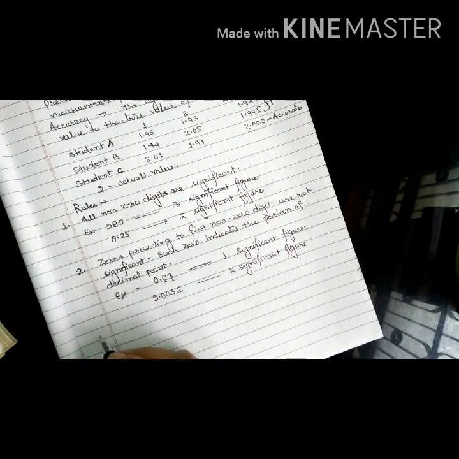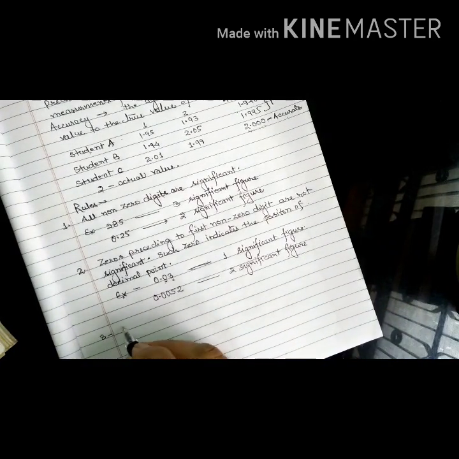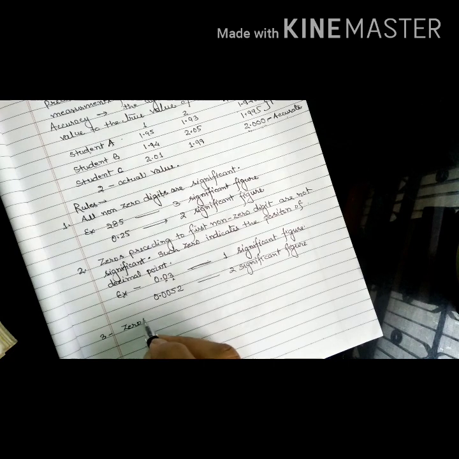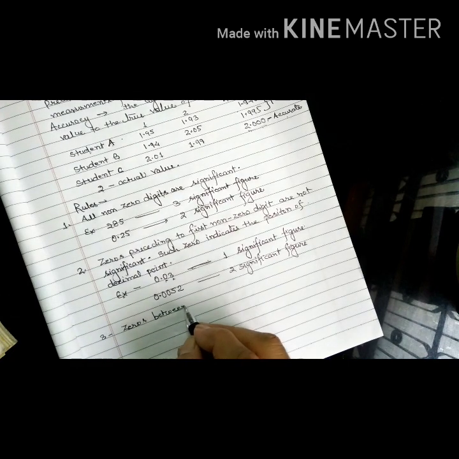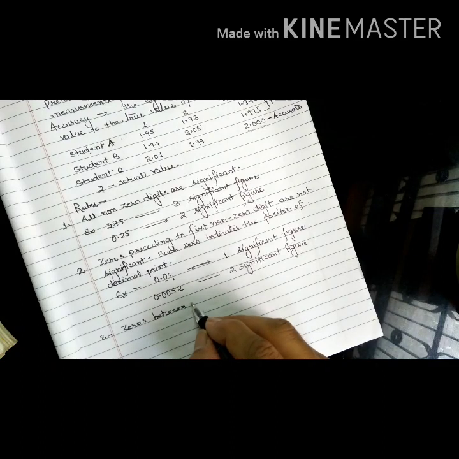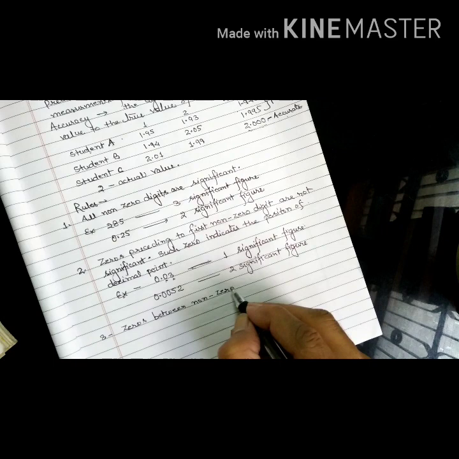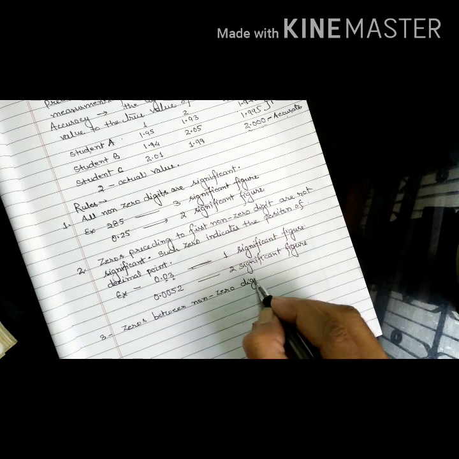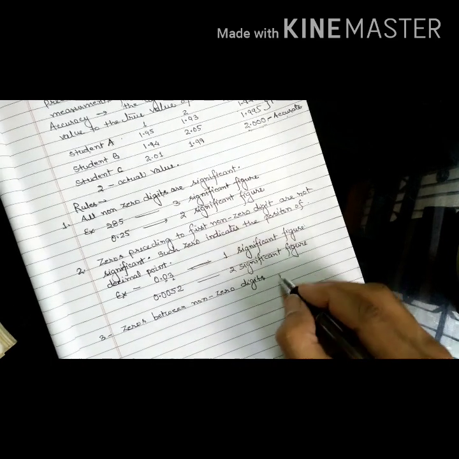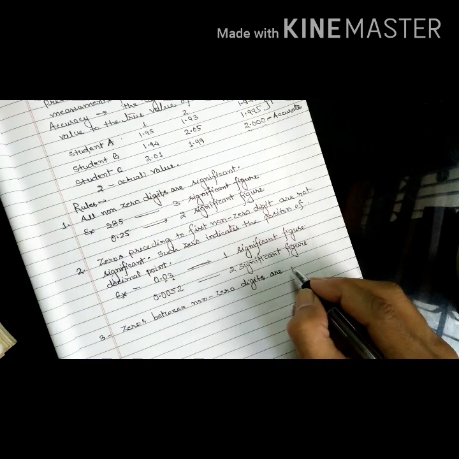Now third point, zeros between non-zero digits are significant.